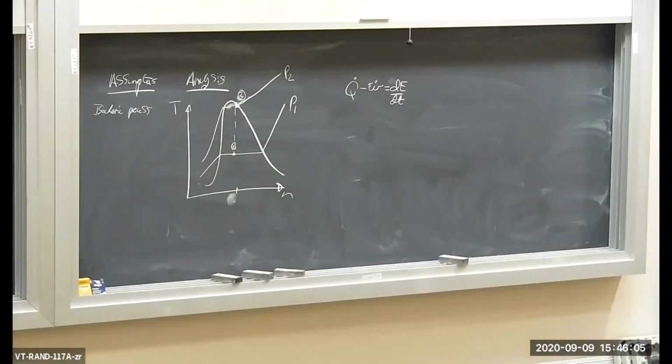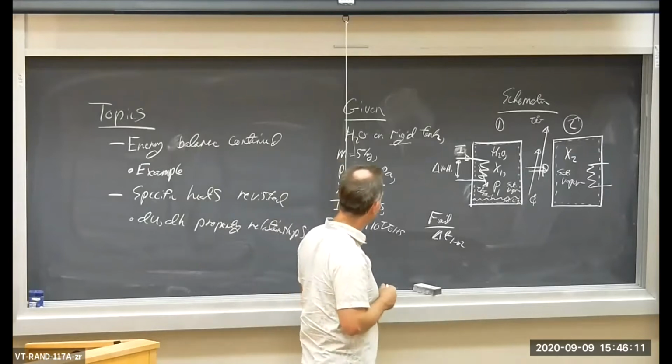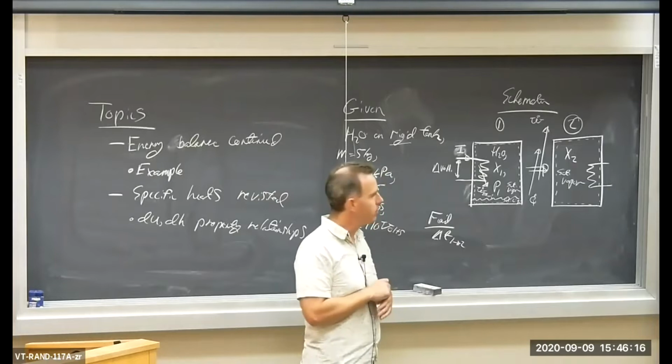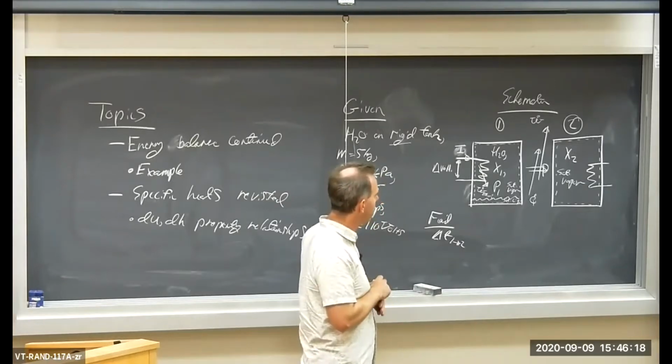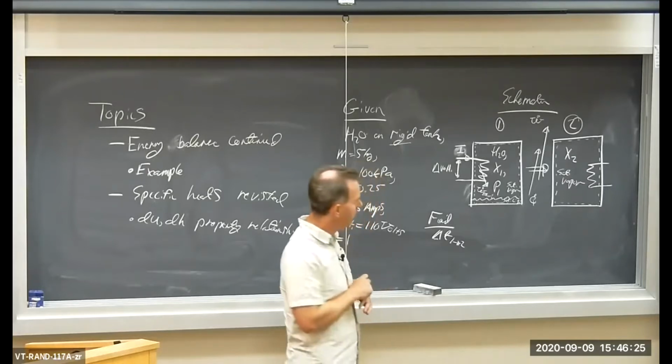Now, there's nothing in the problem statement about heat transfer. If I don't assume heat transfer is 0, I cannot calculate delta T because I don't know what Q dot is. I know what the work is, the electric work. It's a voltage times a current.